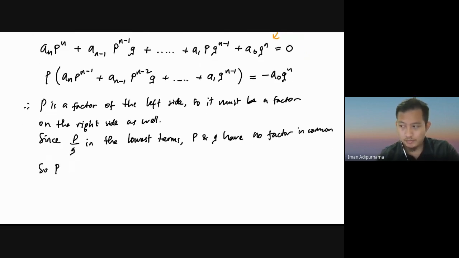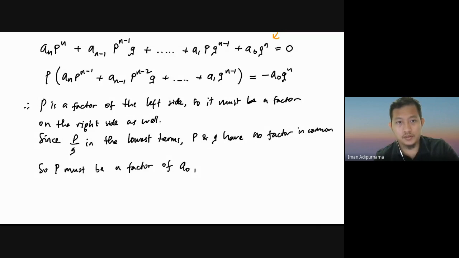So p must be a factor of a_0. And you can also make another expression with a factor of q. A similar proof shows that q is a factor of a_n.